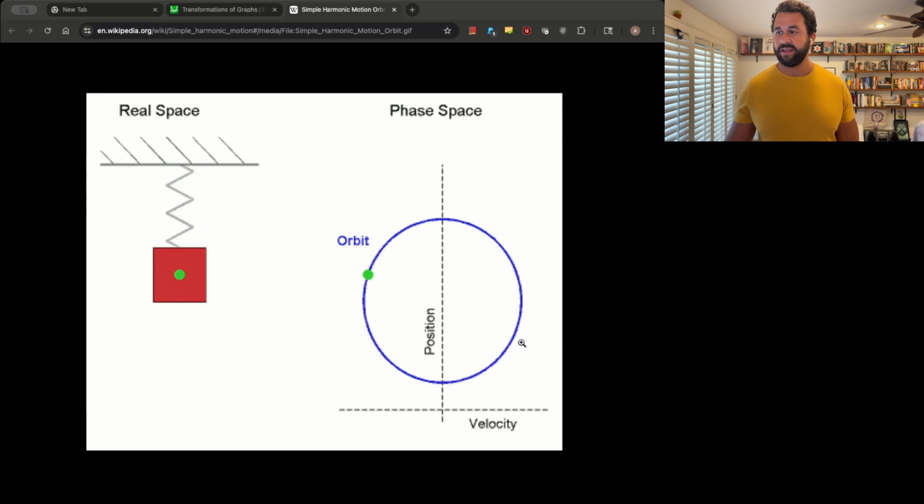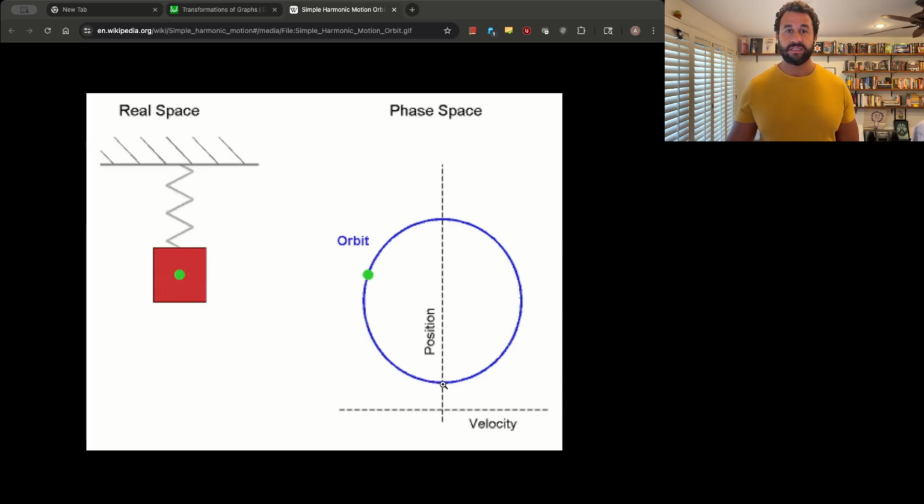So notice that when the object hits the bottom, its speed becomes zero. It has to stop and then it goes back up. And then when it goes back up, it stops again. So in terms of the speed, it's being plotted horizontally. And every time that green dot crosses the y-axis, that's when x equals zero.